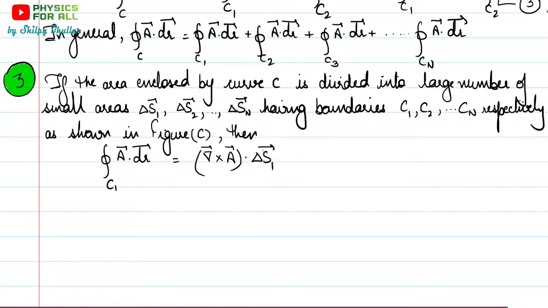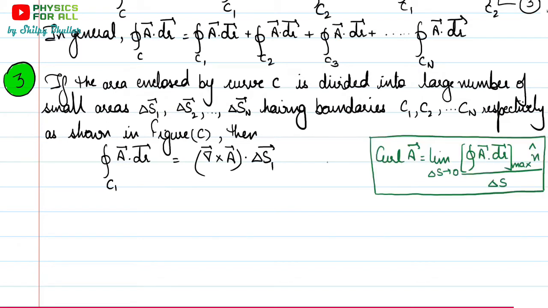Now just see that this delta S1 is basically a vector. It includes the surface magnitude plus the unit vector. So always remember that this is n cap delta S1. Ultimately, the dot product would be with respect to n cap because it's the surface.